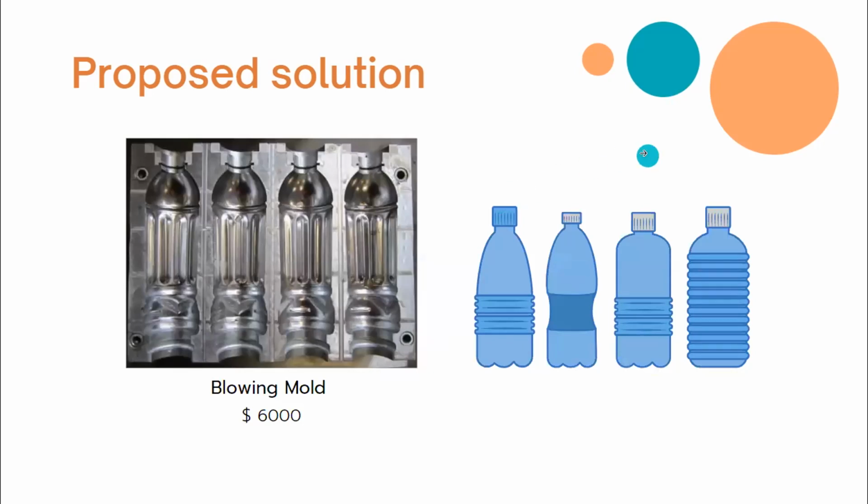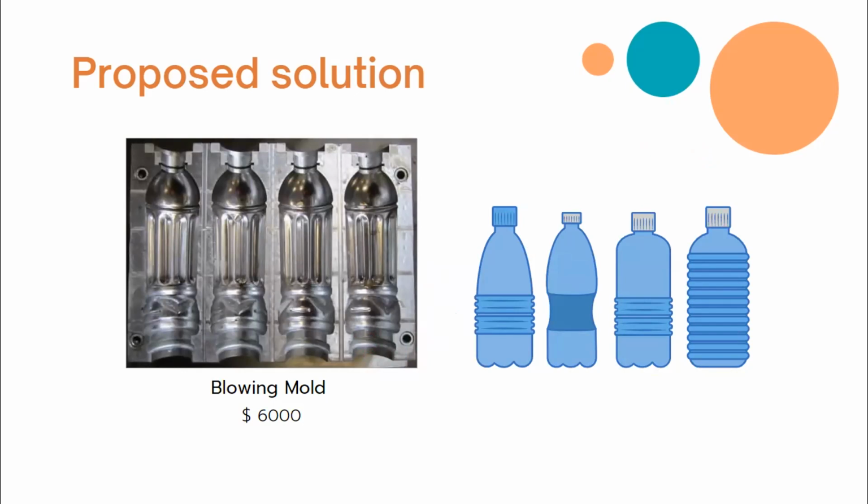we also consider two types of blowing molds, like extra molds, that cost around $6,000 each. And something that we need to consider is that for the injection machine, we also need the mold.